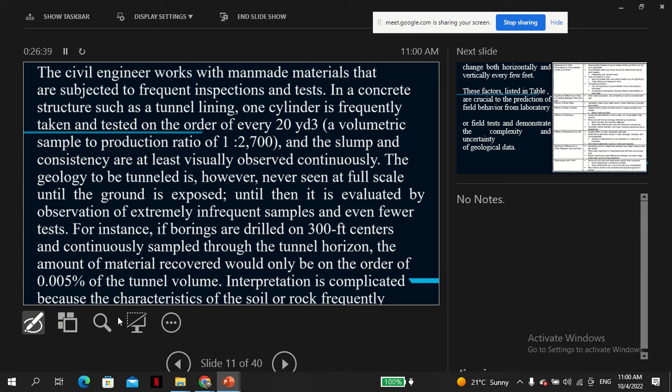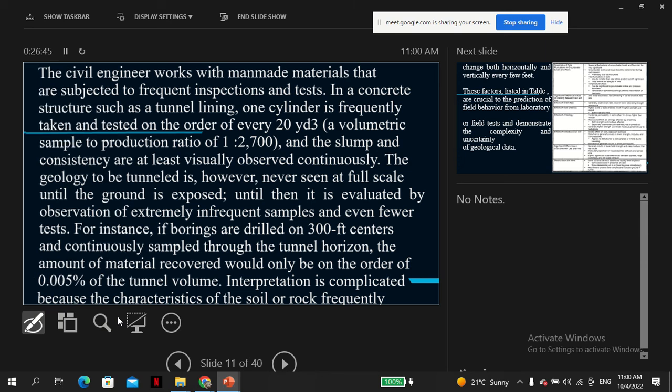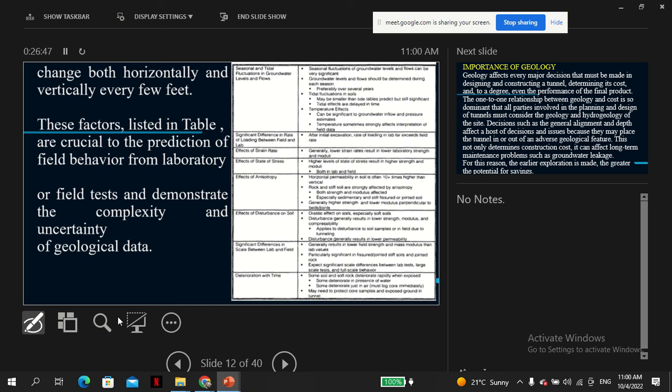Interpretation is complicated because the characteristics of the soil or rock frequently change both horizontally and vertically every few feet. So the factors listed in the table shown alongside are crucial to the prediction of field behavior from laboratory and field tests, and demonstrate the complexity and uncertainty of geological data.